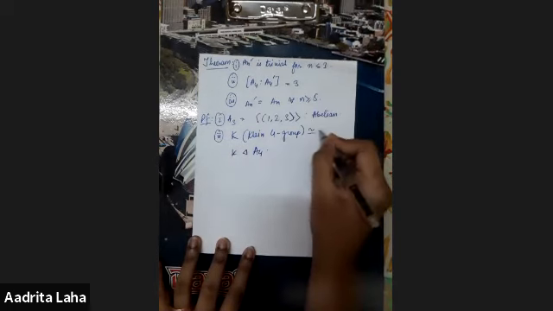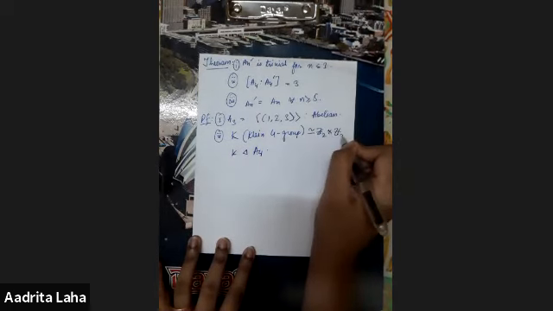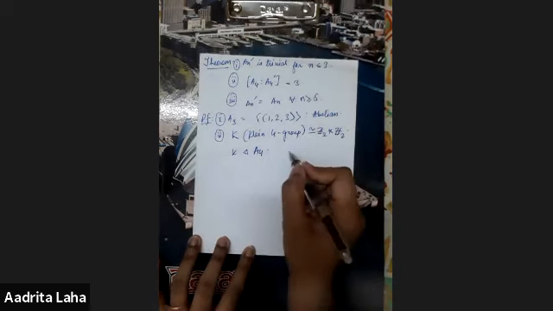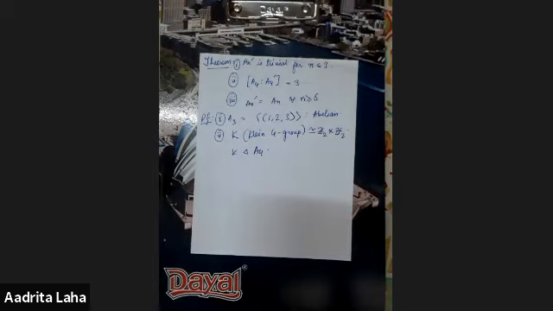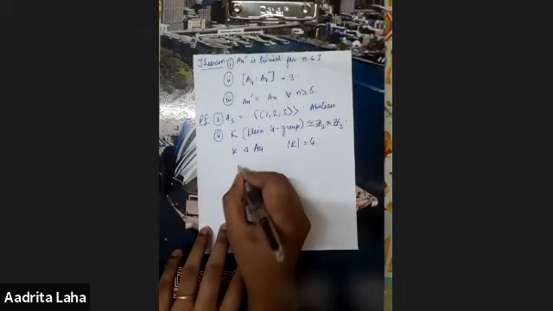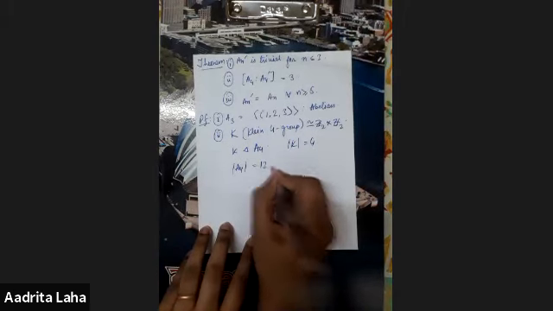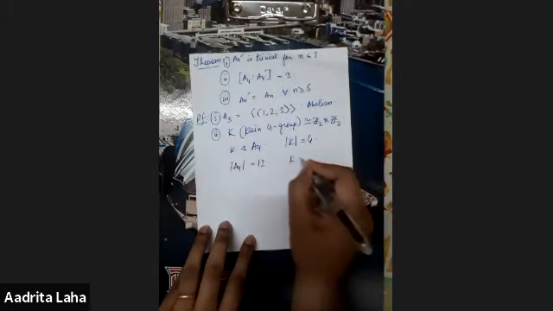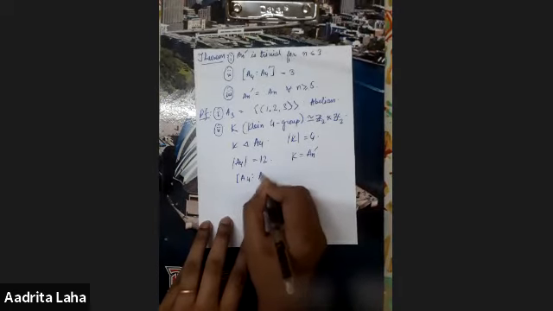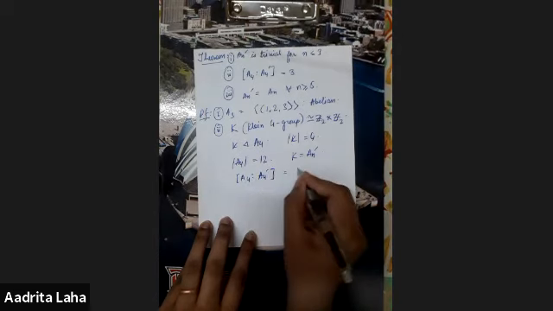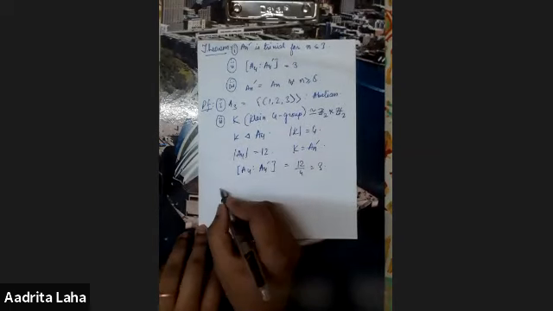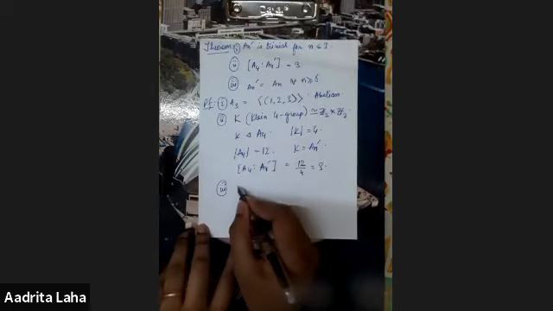K is isomorphic to Z2 cross Z2, and A4 has order 12, while K is a normal subgroup of order 4, and hence K is equal to A4 prime. From here we get that A4 over A4 prime is 12 by 4, which is 3, and that was our second claim.